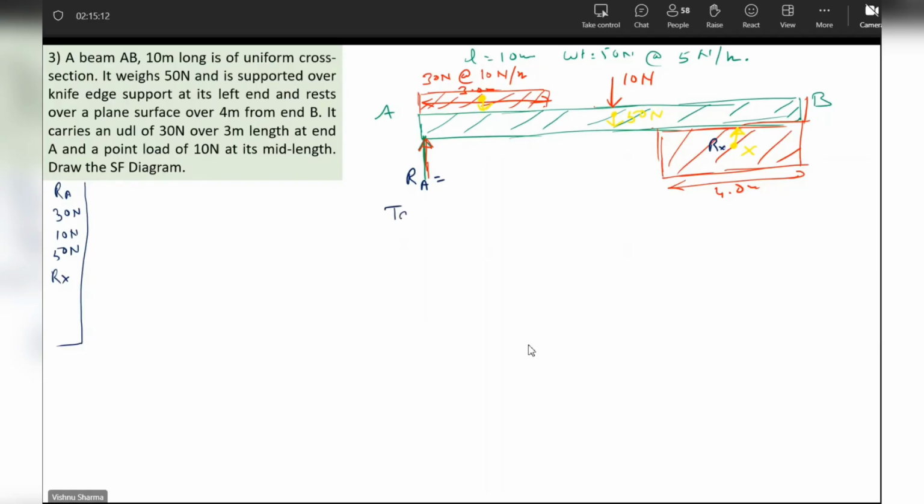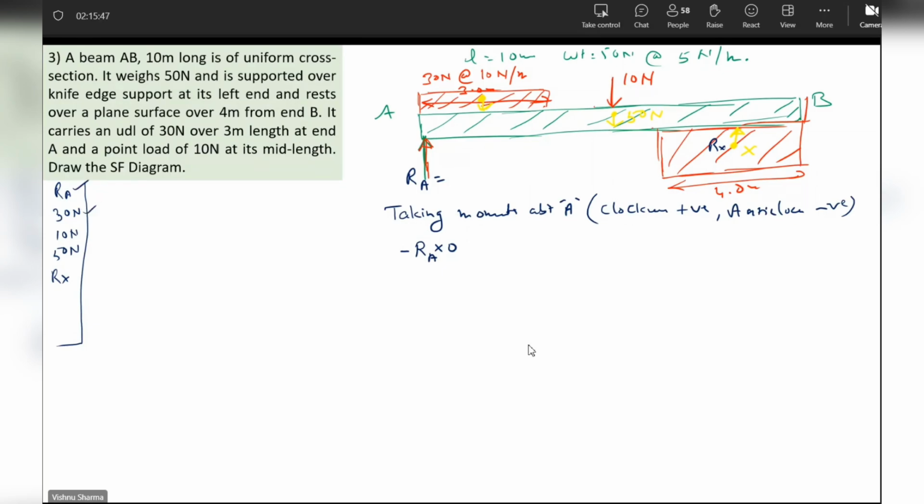Now, taking moments about A, clockwise positive, anti-clockwise negative. This time I'll take RA into 0 as minus 2. Okay, happy now? So yes, RA moment taken. Then 30 Newton, tell me plus or minus, and what is it? 30 into what?